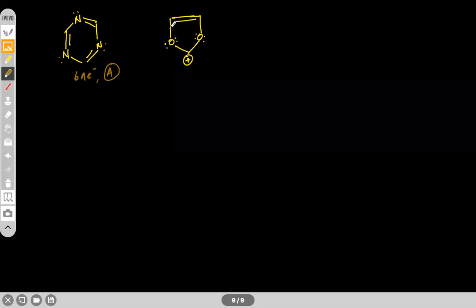This one also, system is conjugated, 2, 4, 6 pi electron, it is aromatic. Any doubt in this?